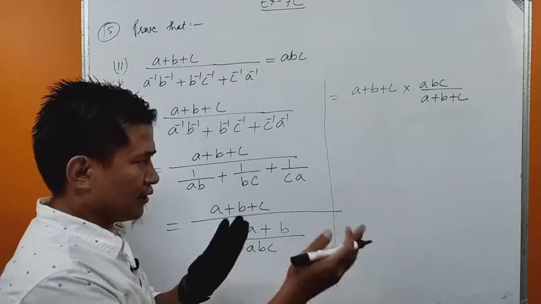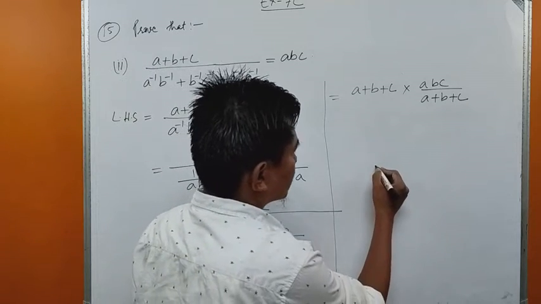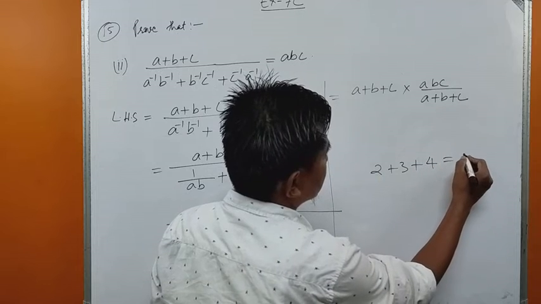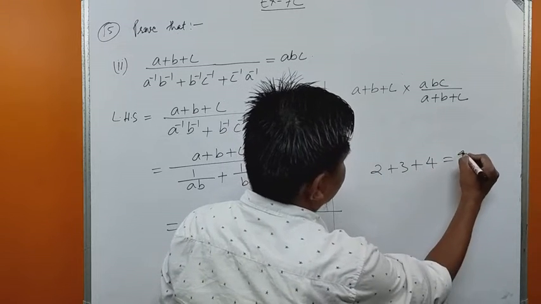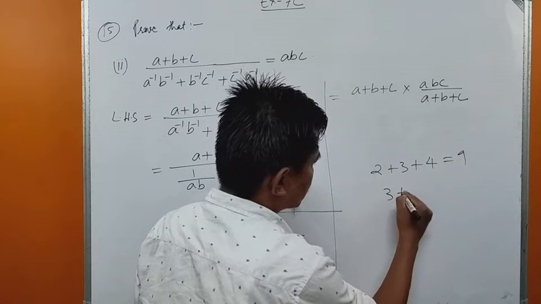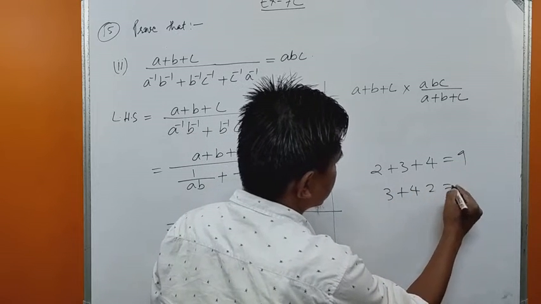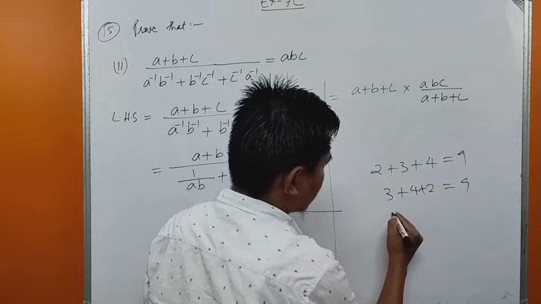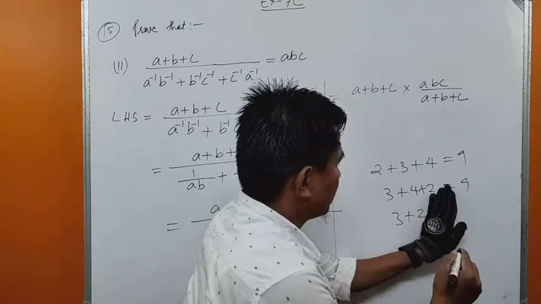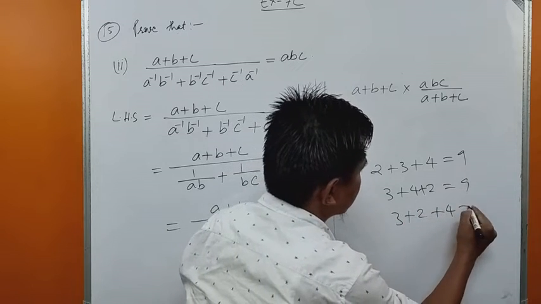Okay, we can rearrange the numbers. I mean to say 2 plus 3 plus 4 equals 9, isn't it? 4 plus 3, 7, 8, 9. So 3 plus 4 plus 2 equals 9, or 3 plus 2 plus 4 is also equal to 9.